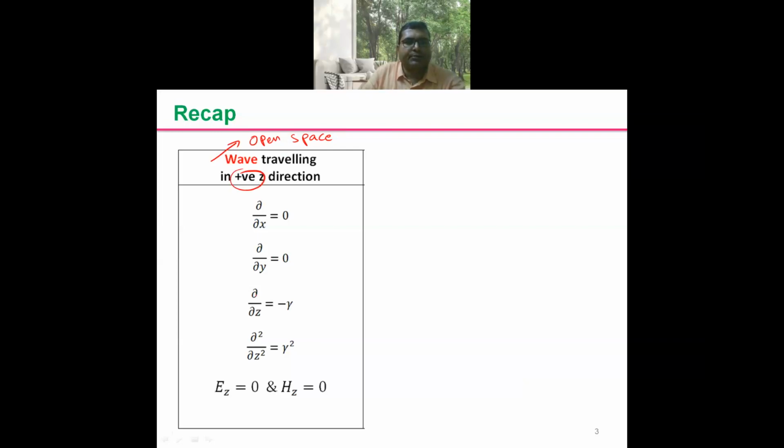It has ∂/∂z equal to minus gamma, ∂/∂x equal to 0, ∂/∂y equal to 0, ∂²/∂z² equal to gamma square, Ez equal to 0 and Hz equal to 0. These values Ez equal to 0 and Hz equal to 0 are valid only for the wave traveling in open space, not in waveguide.